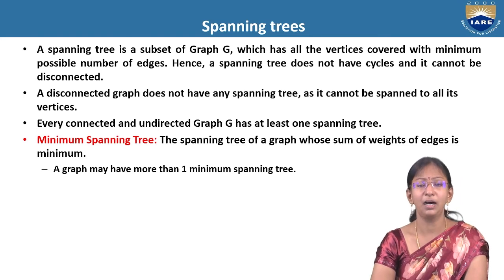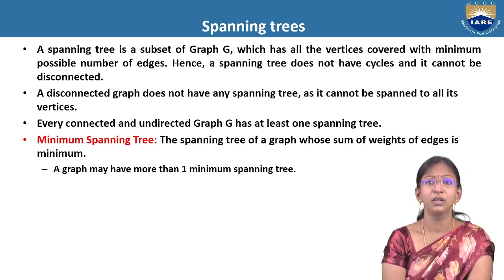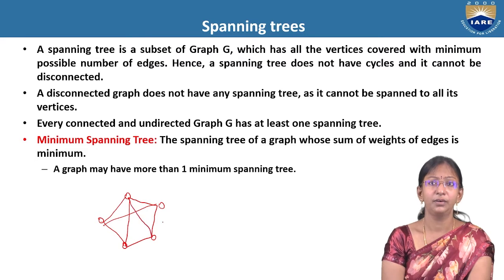All nodes are connected. All nodes. So, for example, let's look at the diagram which I have erased by mistake. For example, this is your graph, right? So, what can be a spanning tree for the same?